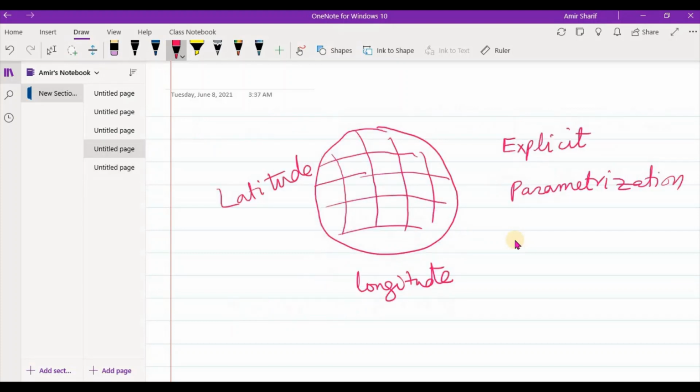In this case, we represented the sphere using explicit parameterization, where we use only 2 of the coordinates. One was the latitude and the second was longitude, like we do on our Earth. So this is a different type of representation of our C-space.